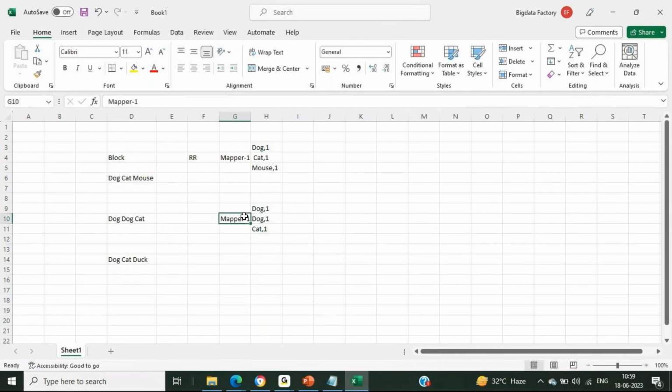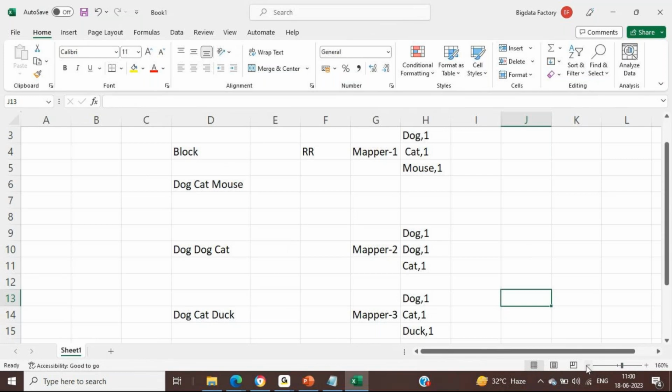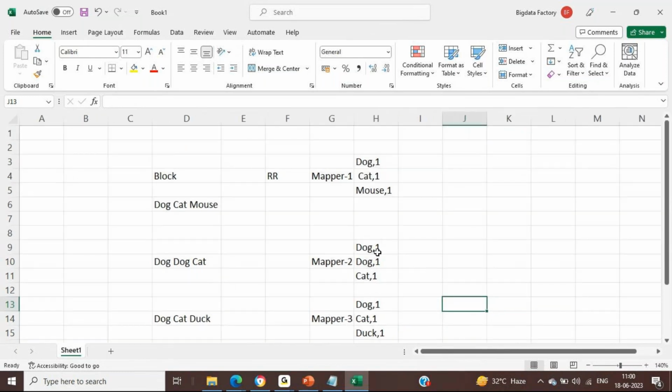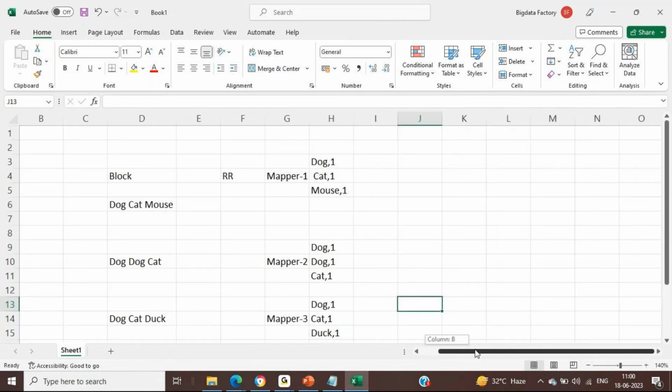And then mapper three. So what will mapper three do? Dog, cat, dog. Okay, so that is fine. So this is nothing but the mapper phase.